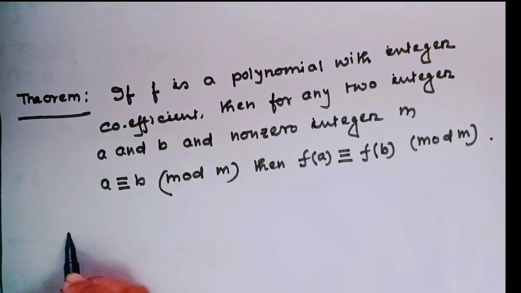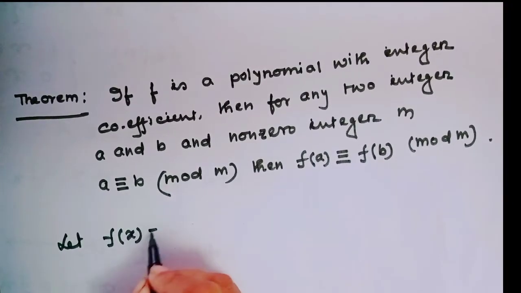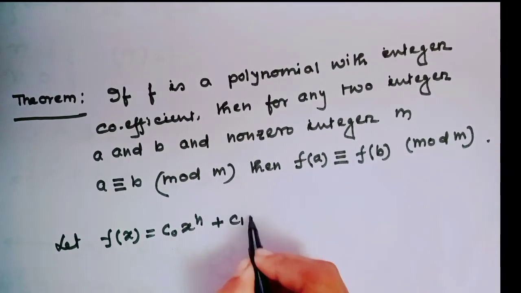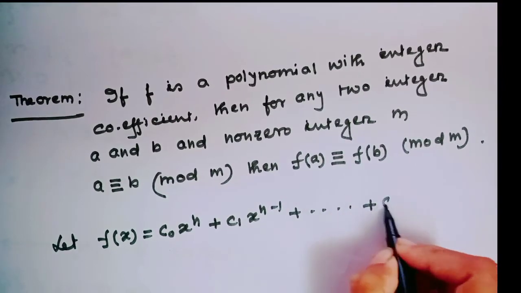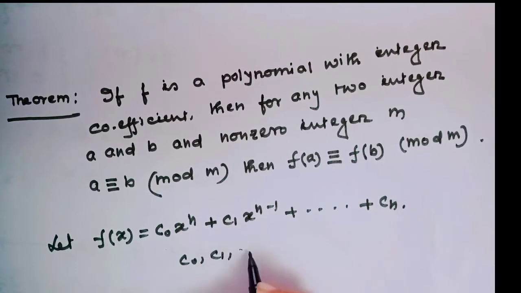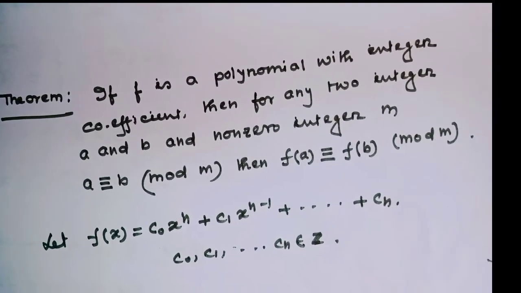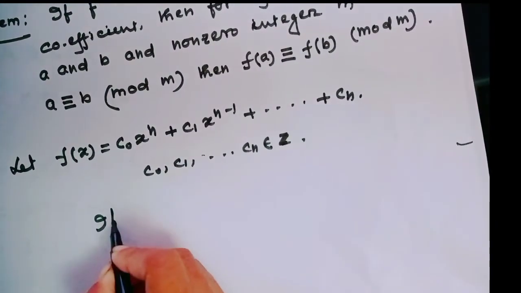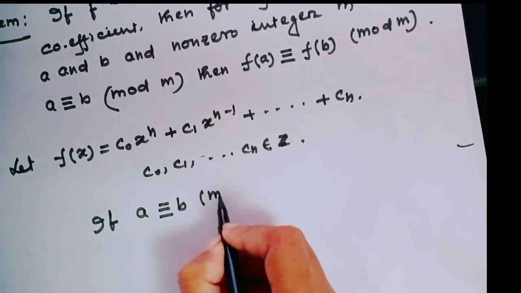Okay, let f(x) = c0 x^n + c1 x^(n-1) + and so on + cn, where c0, c1, ..., cn belong to the integers.